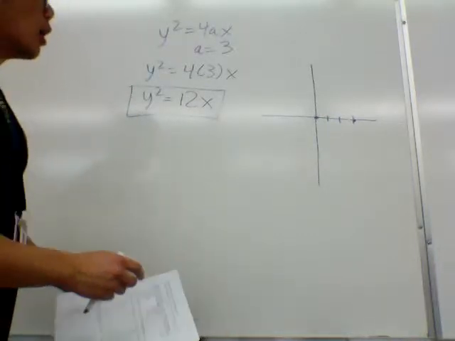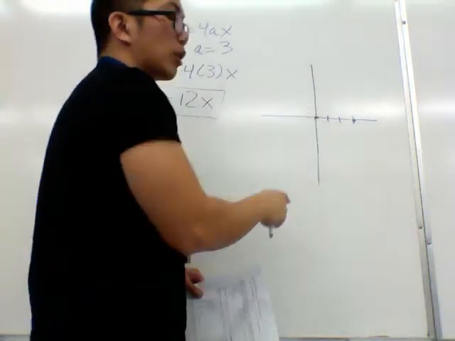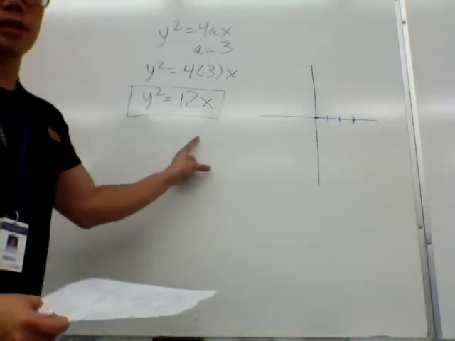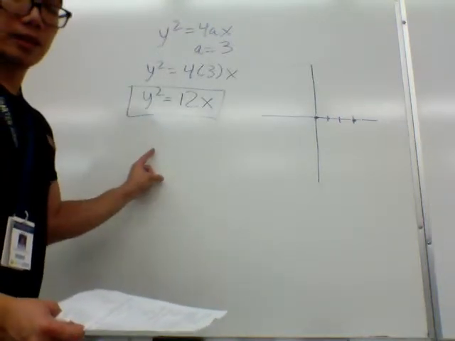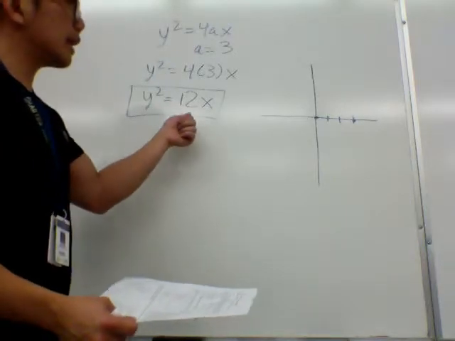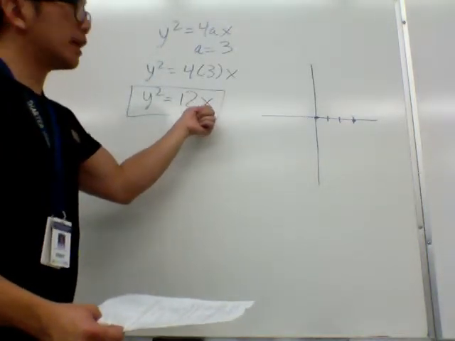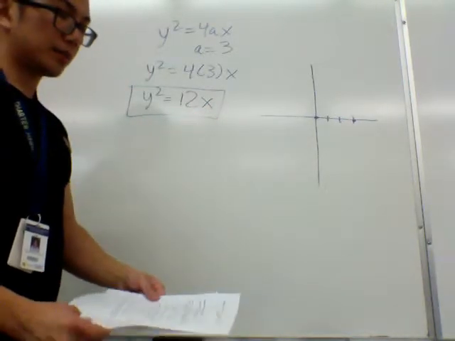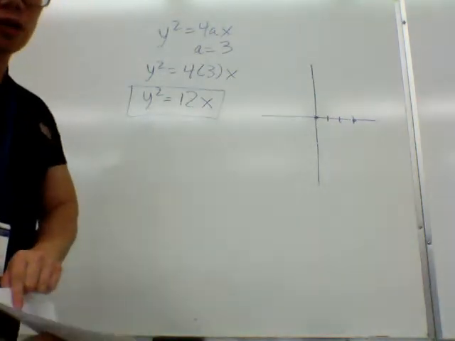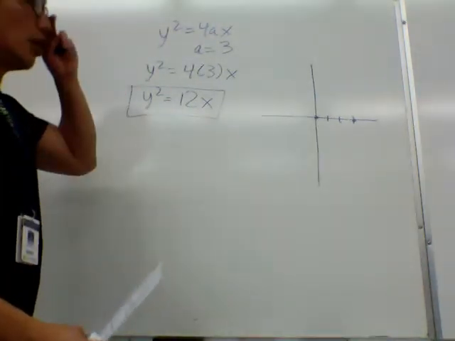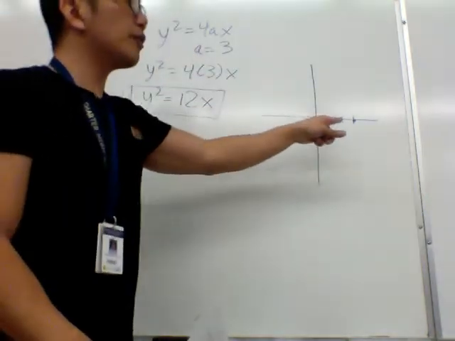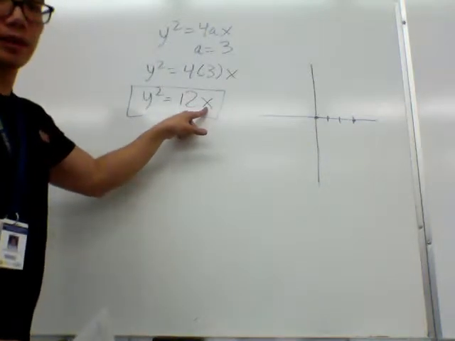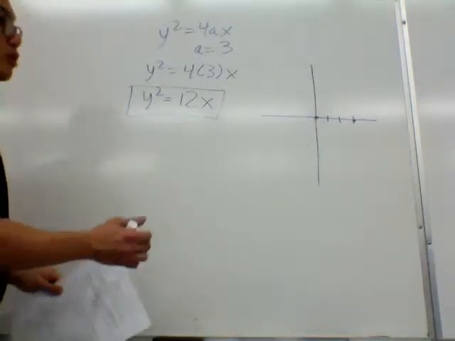Now, we want to be more accurate in our graph, right? So we're actually going to calculate the latus rectum part of this equation. Now remember, the latus rectum occurs when the x value is equal to the focus. So we are going to use the x value of my focus. Since my focus was at 3, 0, I am going to use x is equal to 3.